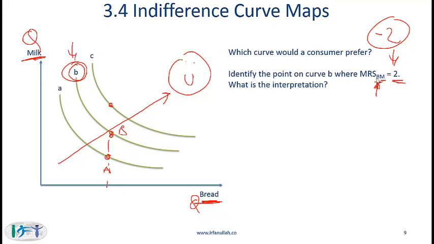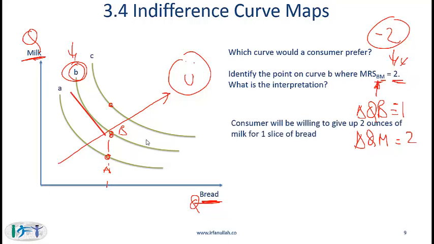Now, given that we are talking about the slope over here, notice that the change in quantity of bread is going to be 1, and the change in quantity of milk is going to be 2. More specifically, we'll have -1 for bread and 2 for milk. So we are looking at some point on B where the slope is -2. And that is given by this point over here.